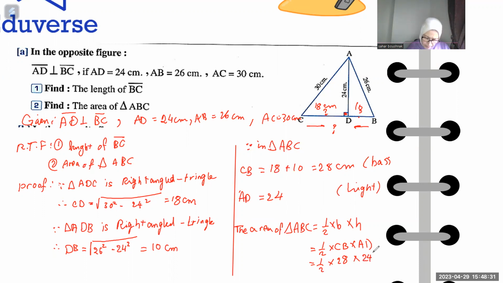Then I will get the answer: 336 centimeters squared.